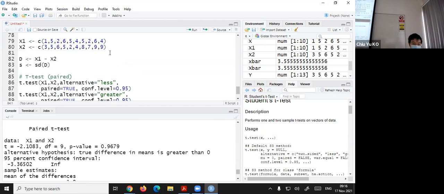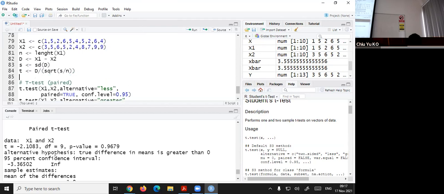And then the t statistic will be just d over the square root of s over n. We have to define n as the length of x1. Doesn't really matter which one you look at.